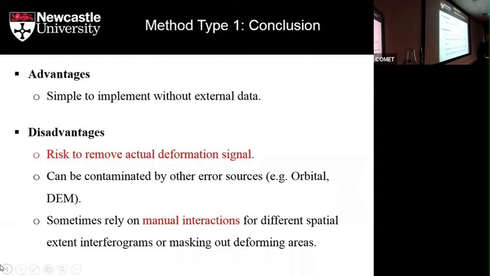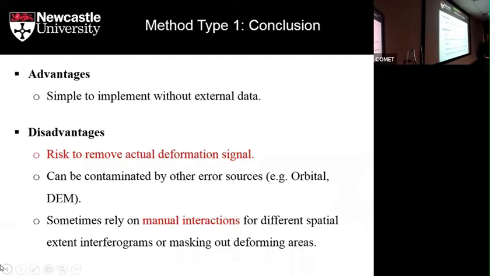For example, if you have very large interferograms, you have to divide them into smaller interferograms. But the best size of the smaller interferogram is very hard to decide, and also you will have some discontinuities when you divide them. So it requires manual interaction. Sometimes it's not possible to do it correctly.